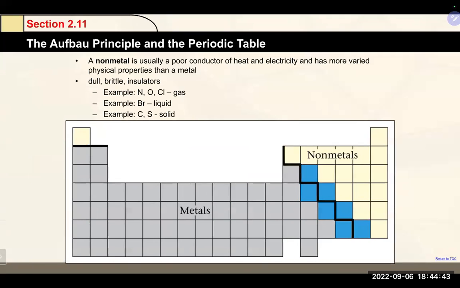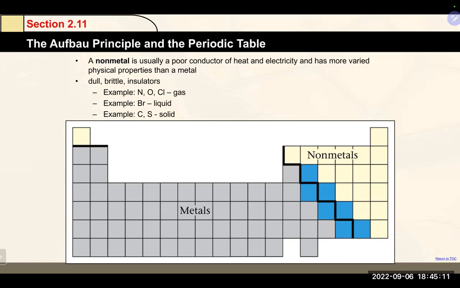Non-metals, on the other hand, are pretty much the opposite of metals. They are bad conductors of heat and electricity. They also have a very different variety of physical states. Some non-metals are gases, some are liquids, and some are solids. So you've got a little bit of everything happening with our non-metals. They're also opposite in appearance: they're dull, they're brittle, they're insulators.